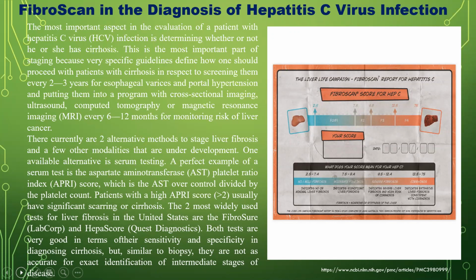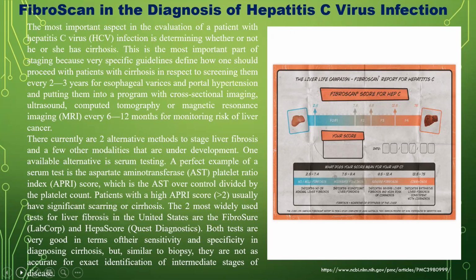There are currently 2 alternative methods to stage liver fibrosis and a few other modalities that are under development. One available alternative is serum testing. A perfect example of serum testing is the AST to platelet ratio index, which is the AST over upper limit of normal divided by the platelet count. Patients with a high index usually have significant scarring or cirrhosis.